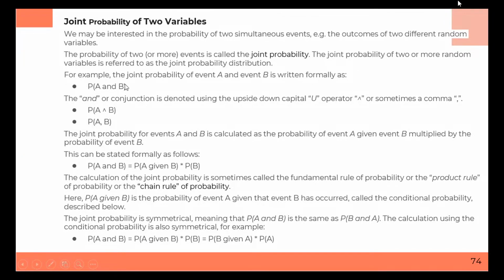For example, the joint probability of event A and event B is written formally as P of A and B. Then we call it the joint probability of A and B. The "and" or conjunction is denoted using the upside down capital U operator, or the caret operator, or cap as you usually say, or something like a comma.